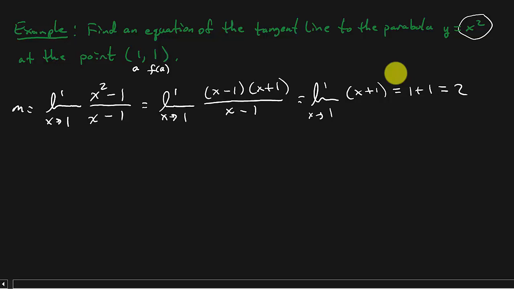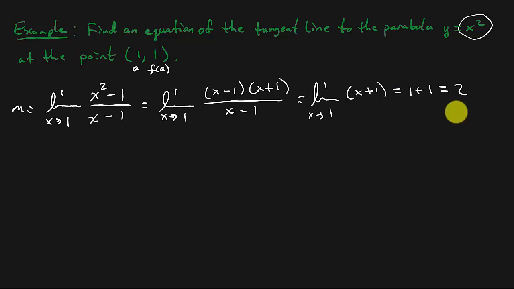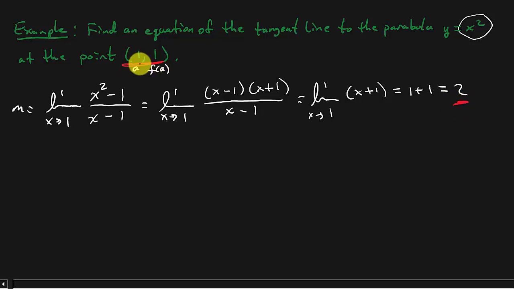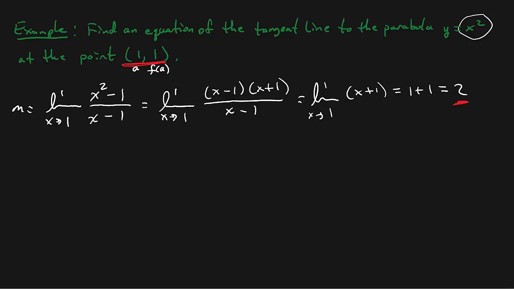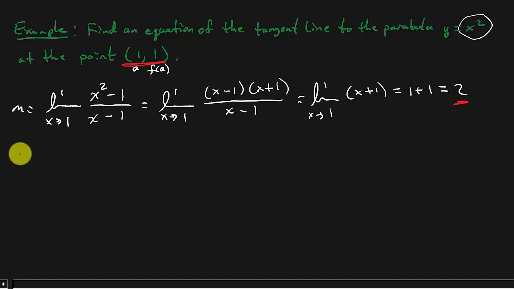All right, so now you can see we have the slope and we have a point on the line. How do we find the equation of a line? Well, that's the point-slope form, which, remember, is y minus y1 equals m times x minus x1.